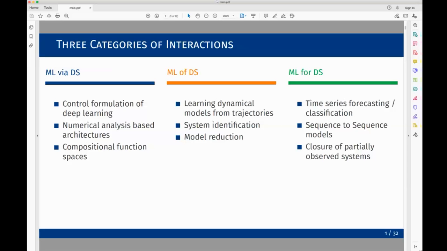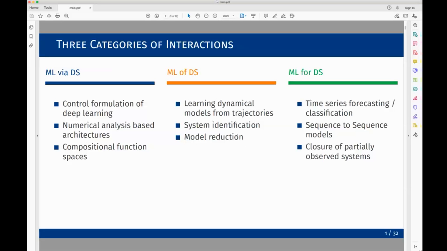Our goal is to learn the dynamic systems from the observed data or observed trajectories. This is like a system identification problem. If we know the form of the dynamic systems, we want to use machine learning tools to determine certain coefficients or unknown parameters of the dynamic systems.